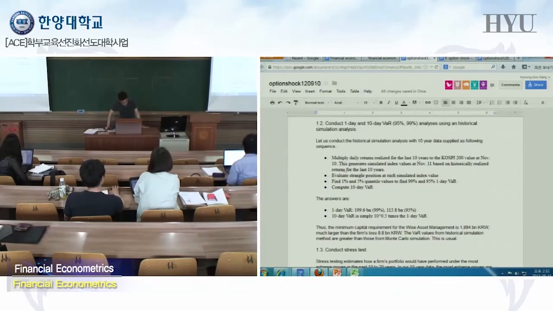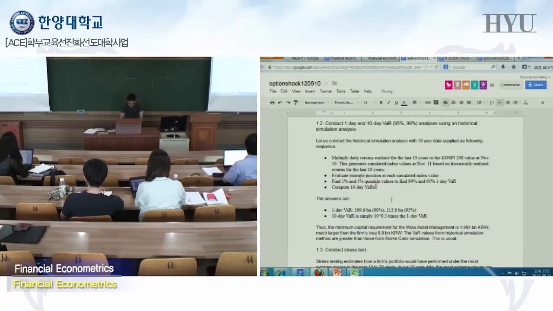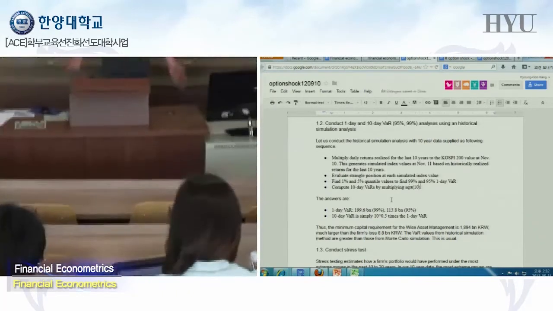Second, we evaluate the strangle position at each simulated index value. Third, we find the 1% and 5% quantile values, which is the percentile value in Excel, to find the 99% and 95% one-day value at risk, and compute the 10-day value at risk by multiplying by the square root of 10.